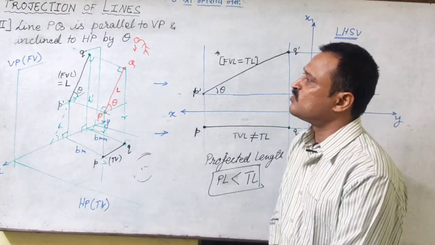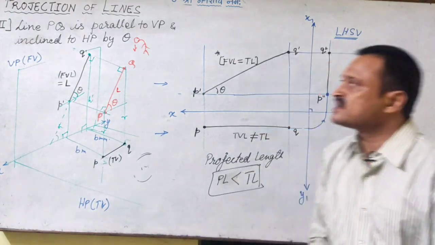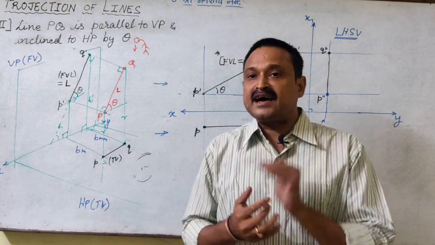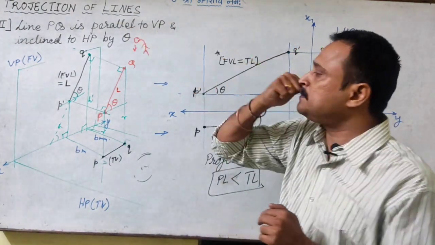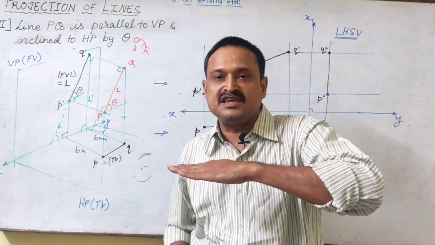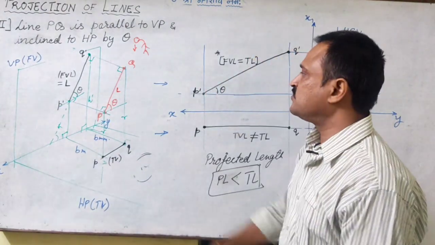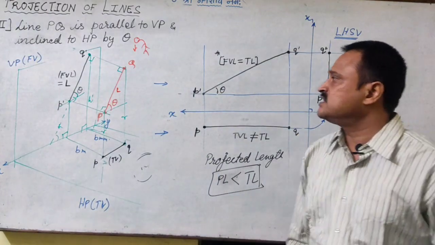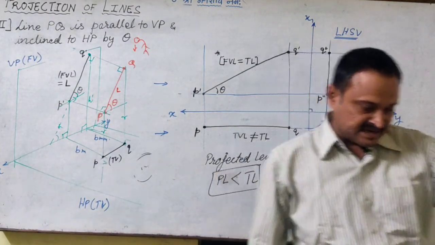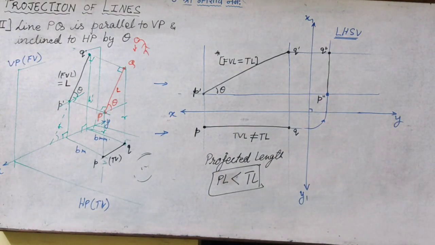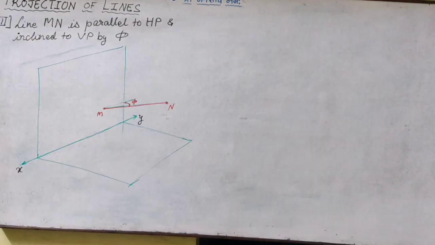Now we will move on to the third case, where the line will be parallel to HP and inclined to VP. Let us see how we get the images of this condition.